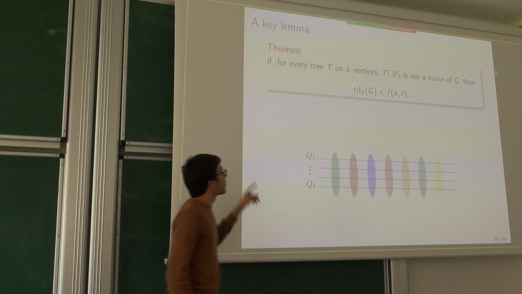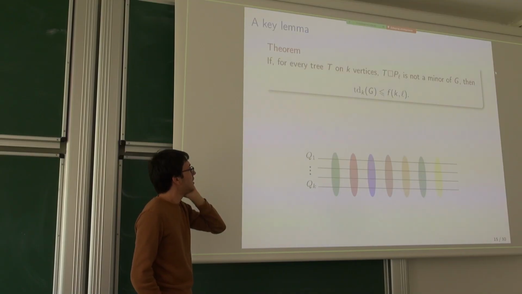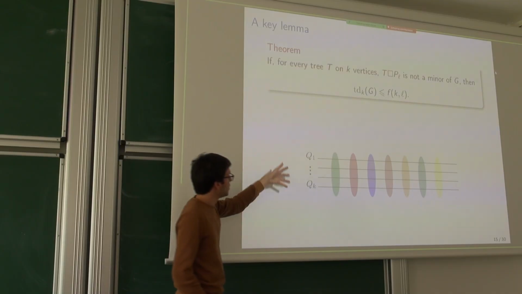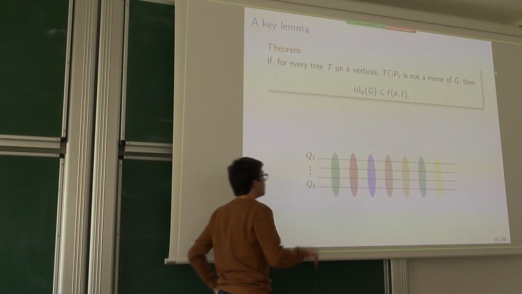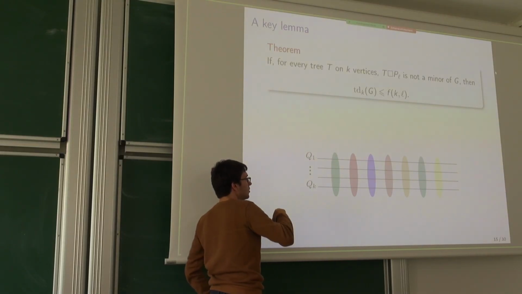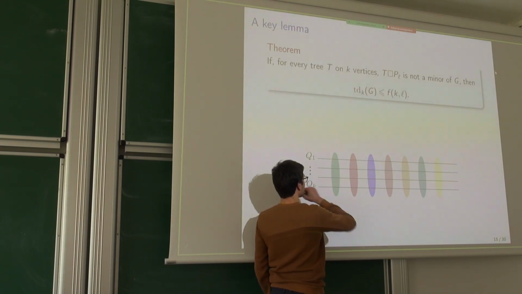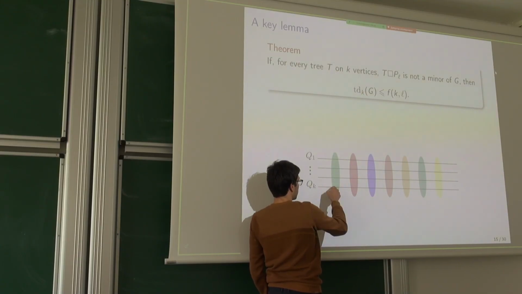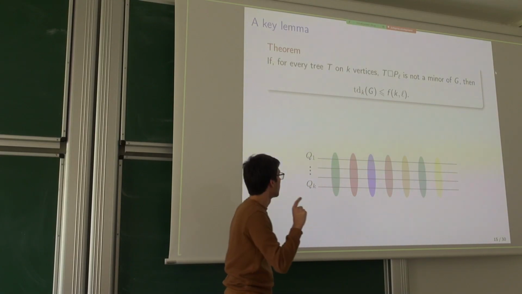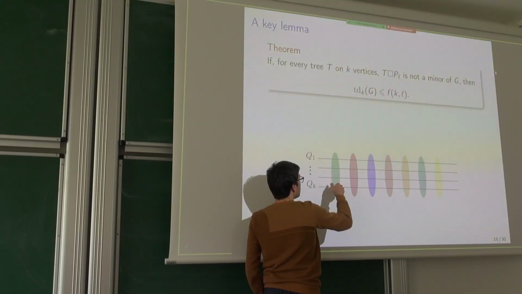Okay, so where these obstructions T times PL appear, actually it's very natural, and the real obstructions are more things like that. Imagine you have k disjoint paths and a lot of pairwise disjoint connected subgraphs, which are the columns here, so that each of them intersects all the k paths, and they are connected. And suppose also that they intersect the k paths one after another.